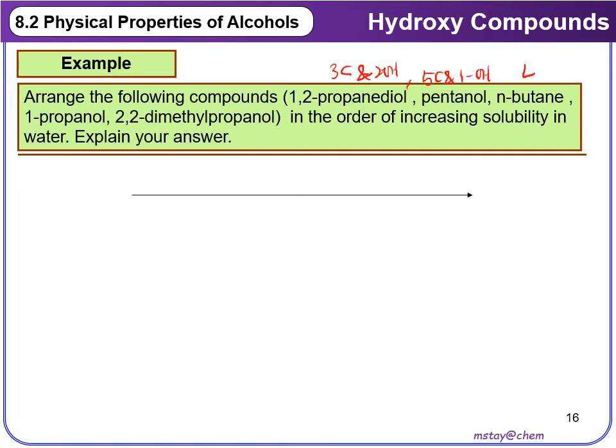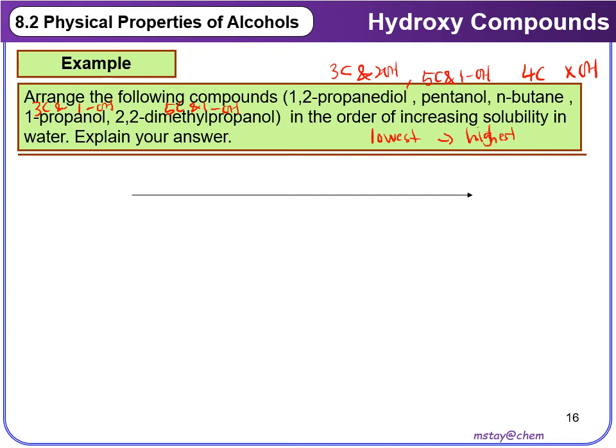Butane: 4 carbon, no hydroxyl group. 1-propanol: 3 carbon and 1 hydroxyl group. 2,2-dimethyl propanol: 5 carbon and 1 hydroxyl group. In order of increasing solubility in water, explain your answer. That means from the lowest solubility to the highest solubility.